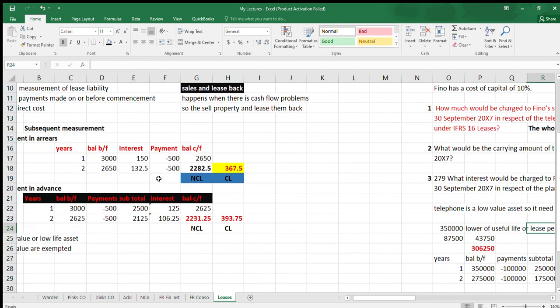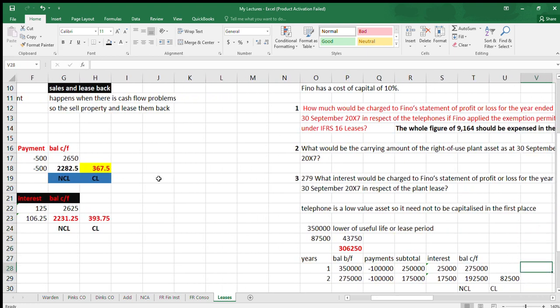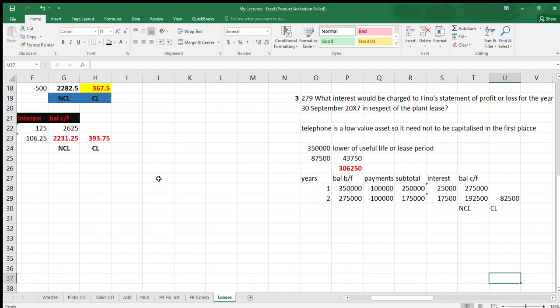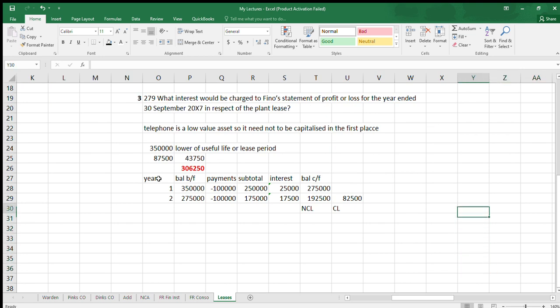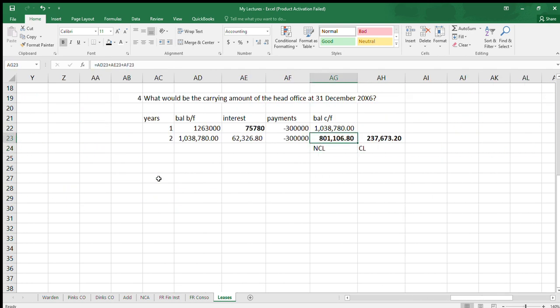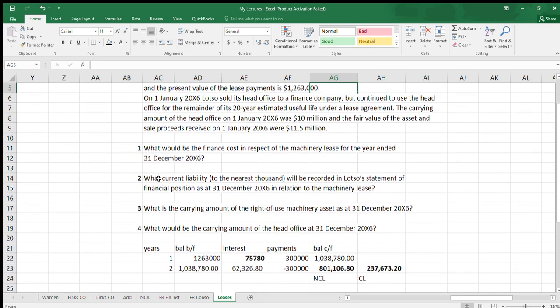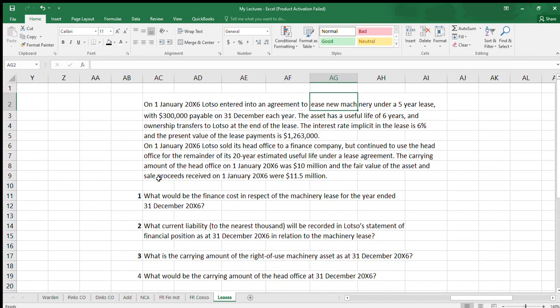I said something over here that we depreciate it over the lower of useful life or lease period. So anytime you hear carrying amount of the lease, you just know depreciation. And here the lower of what? Lease period or useful life. The useful life is 6 years, lease period is 5 years.